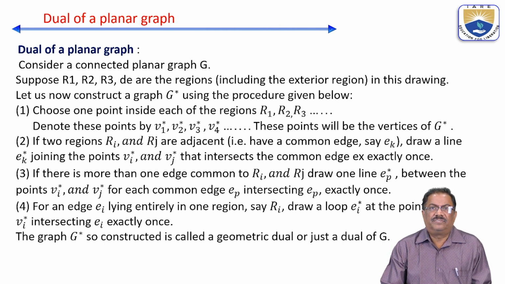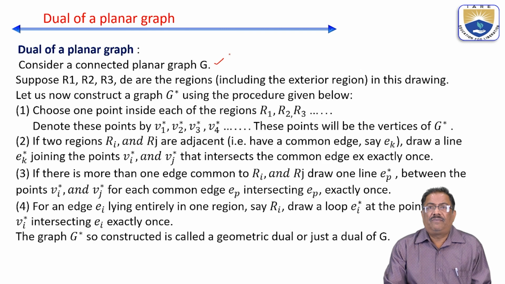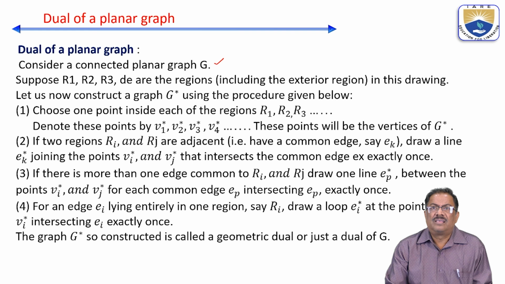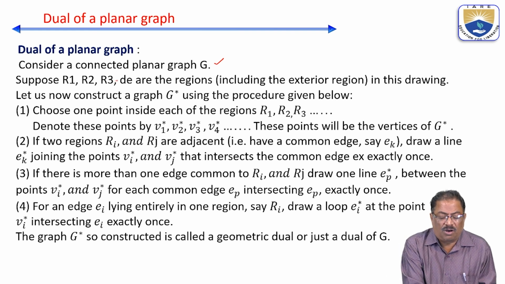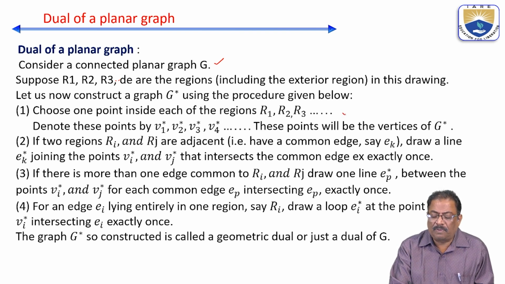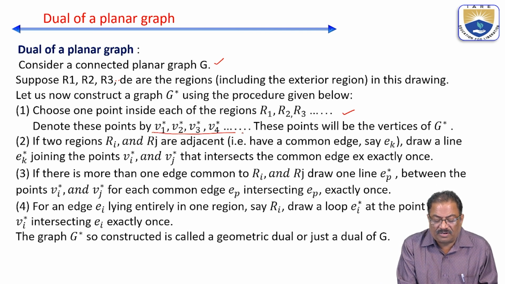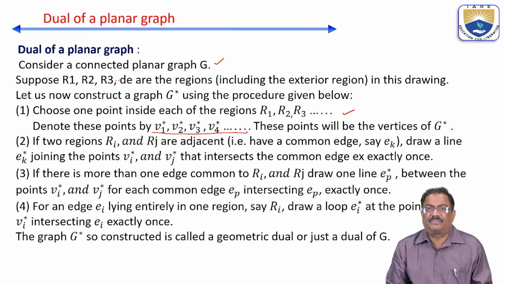Consider a connected planar graph G. It will produce some regions, let those regions be R1, R2, R3 and so on. We consider all the regions of the planar graph, and each region is denoted as a vertex.